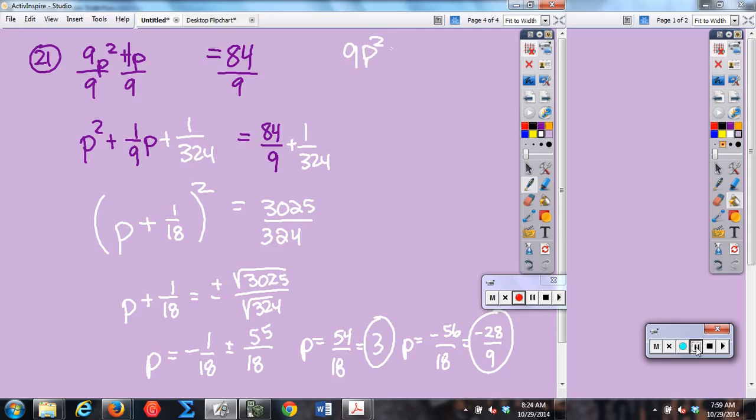Remember when we rewrote the equations, if this was a 3, then you knew that p minus 3 had to be a factor, because this gives you an answer of 3. And the other one, there's a couple things you know. You know that it has to give you an answer of negative 28/9. And you also know that the first two things, this one times this one, has to give you 9p squared.